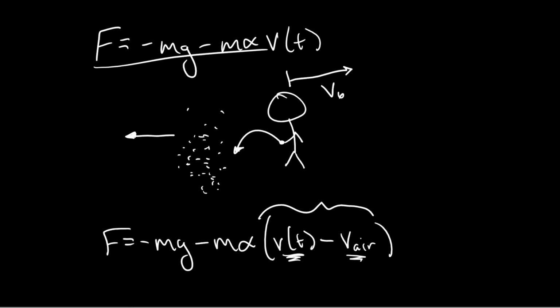In which case, we can now make our velocity shift, and this term here, we just get v of t minus v naught minus v air minus v naught. And again, these guys cancel, and we get back to exactly what we had before. Everything is invariant under Galilean transformations, it's still symmetric, and nothing is actually broken. We just have to be careful about the assumptions that we're making.